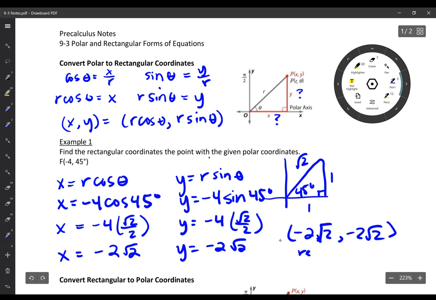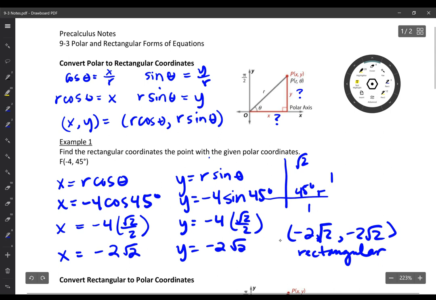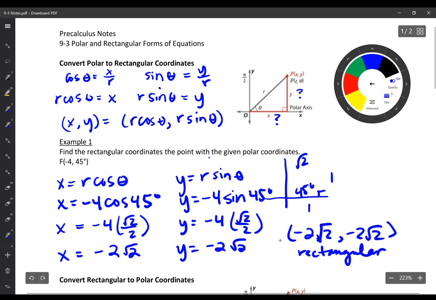So this is my rectangular point. These two points describe exactly the same spot. The drawing was just to find my 45. If I plotted -4, 45 and I plotted -2 square roots of 2, comma, -2 square roots of 2, those would be at the same place.